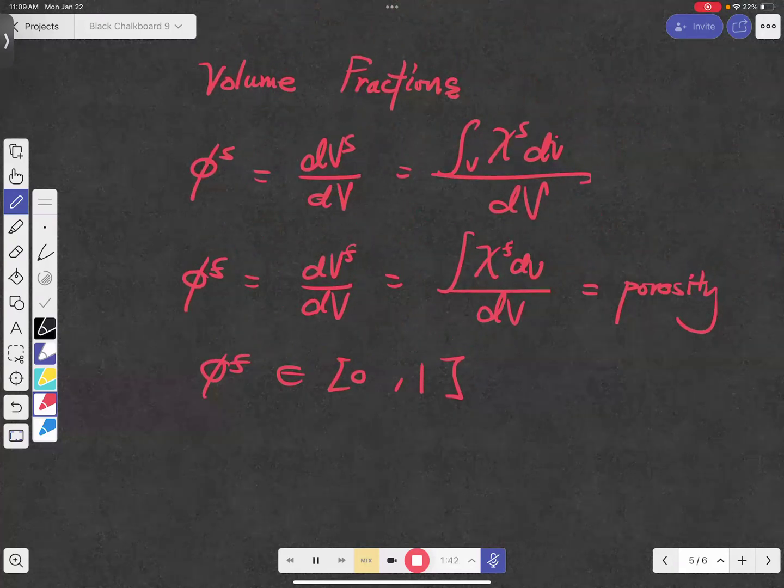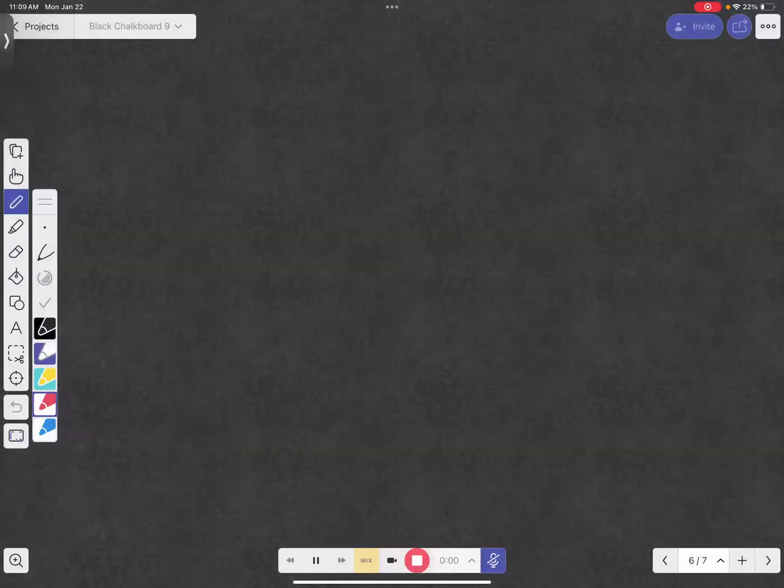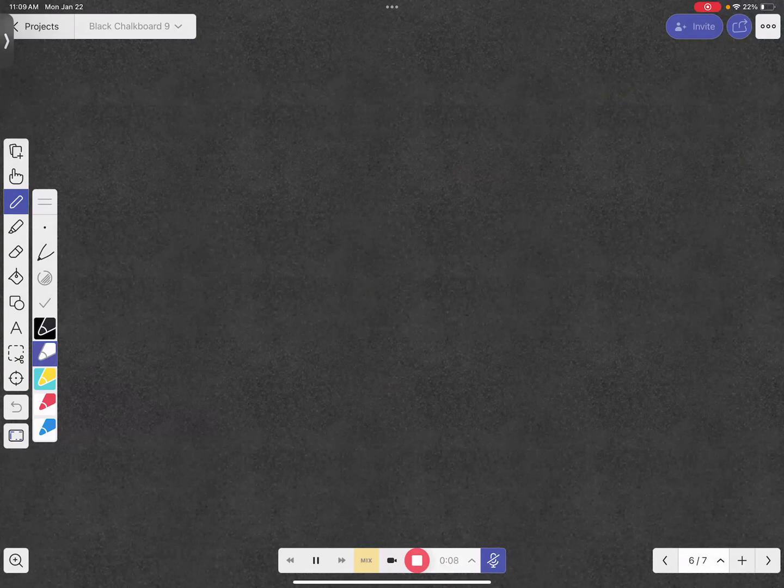Now we want to introduce something a little more generalized. If you work in an oil company, you are very unlikely to deal with just two-phase porous media. Why is that?